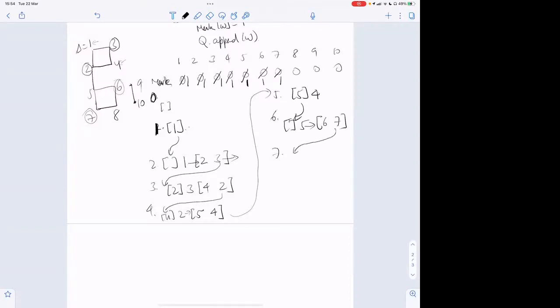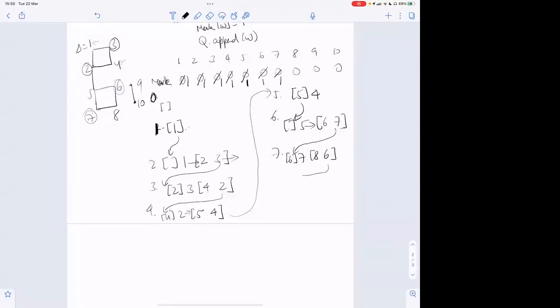You take out this, and you're left with 6, 7. Now I put in the unmarked neighbors of 7 inside this, which are just 8. So I put 8 and 6.